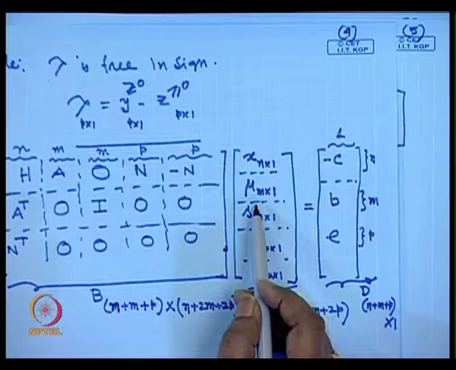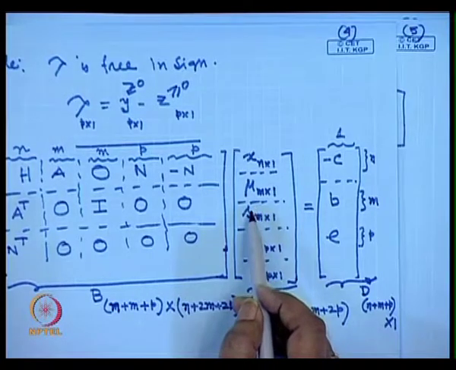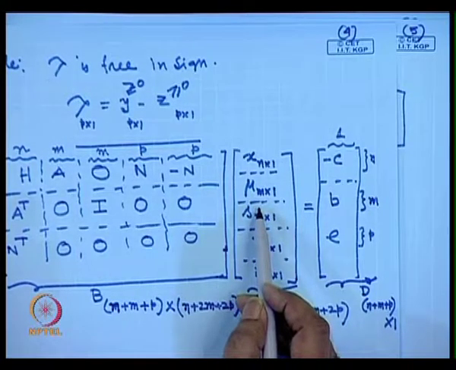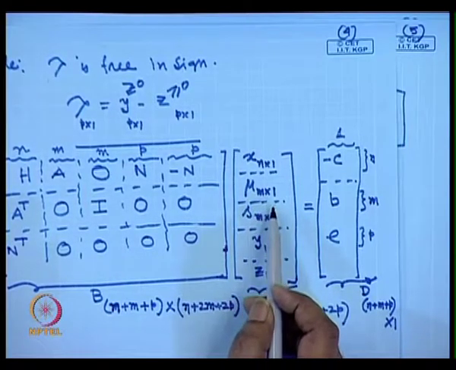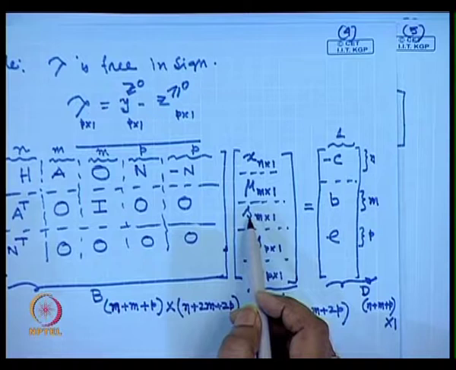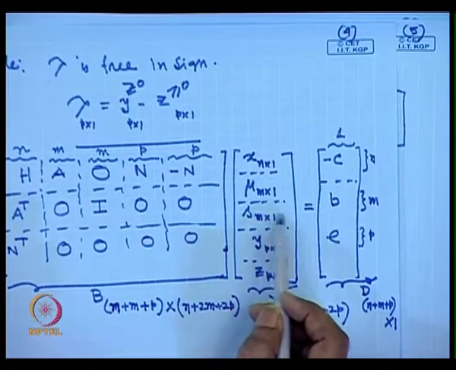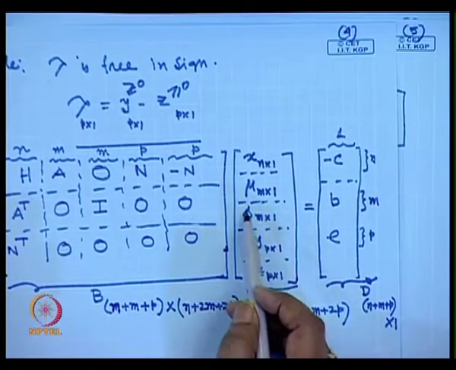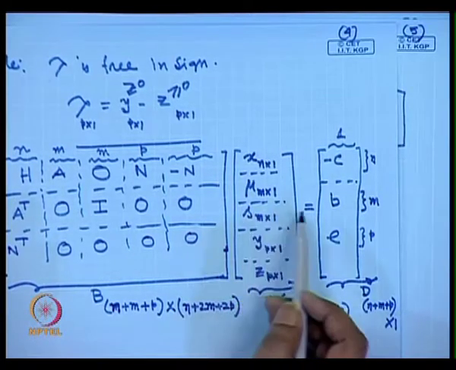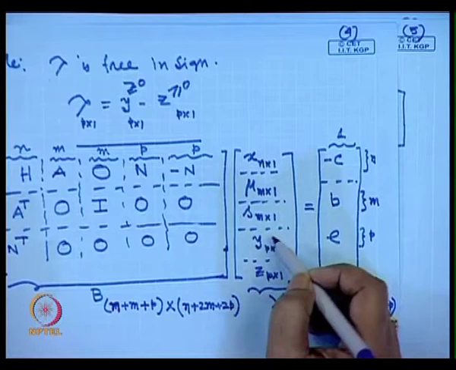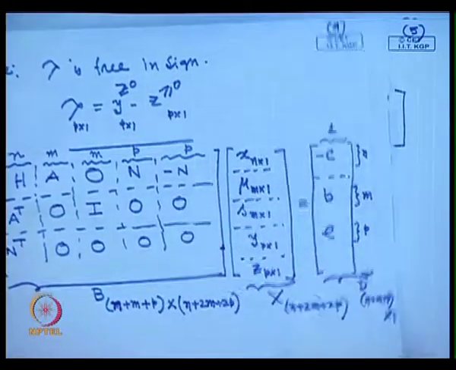The first element of s I will represent as x n plus m plus 1, the second element as a new variable x n plus m plus 2, and we can continue this way.